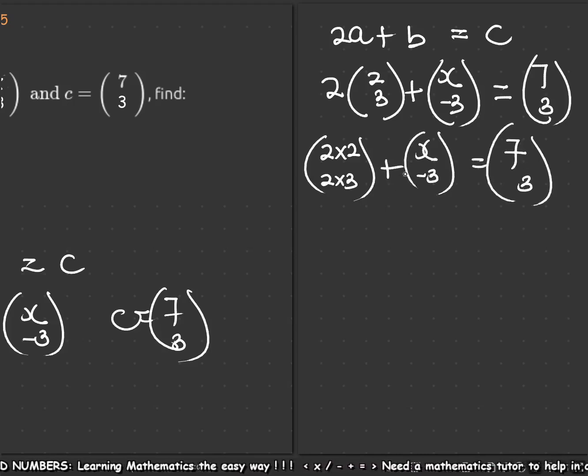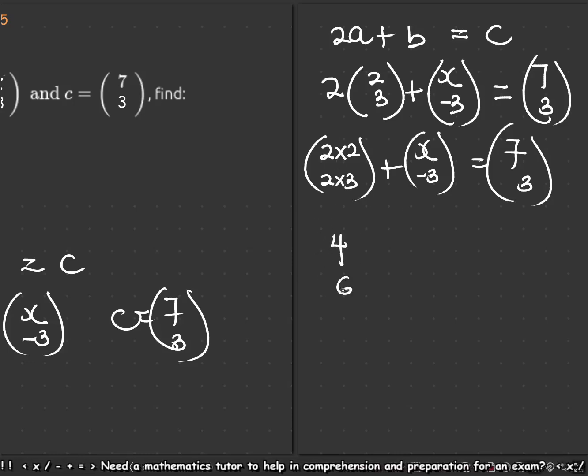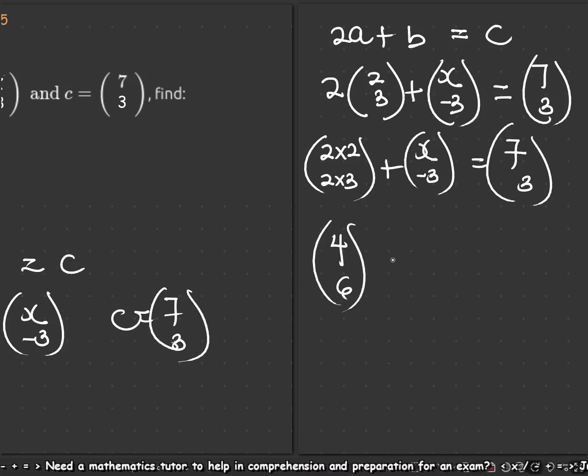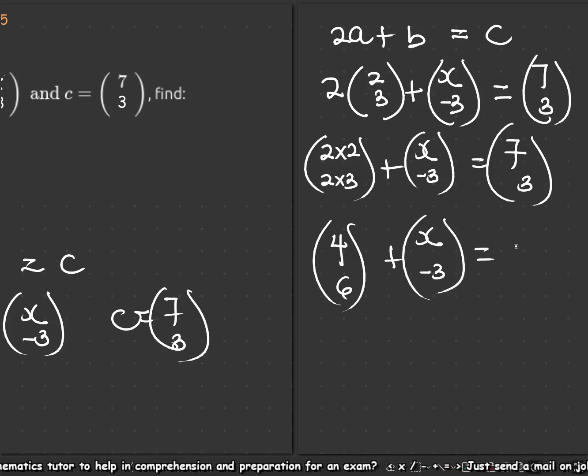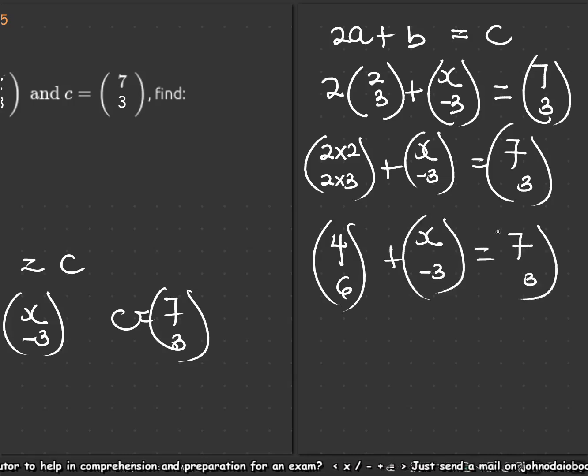Before solving for x, let's evaluate this. 2 times 2 gives us 4, then 2 times 3 giving us 6, plus (x, minus 3) equals (7, 3).